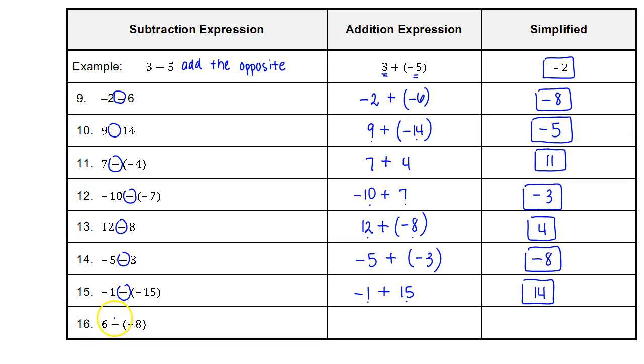And the last one in this table, I've got 6 minus -8. I'm going to leave my 6 alone, and I'm going to rewrite this as plus +8. All positive chips, +6, +8, 14 positives all together if I'm thinking about the chip model, which is very helpful when we're first learning how to add integers. And so I have an answer of 14.